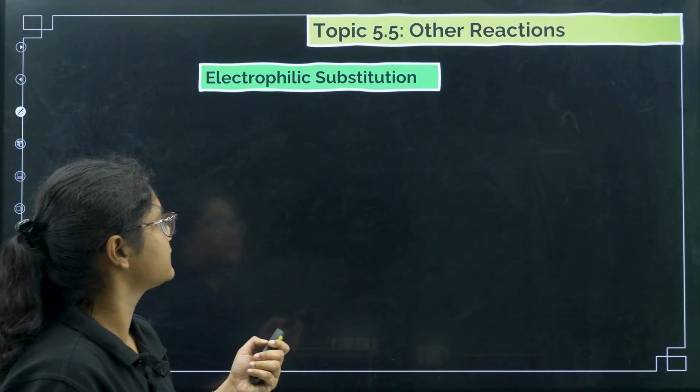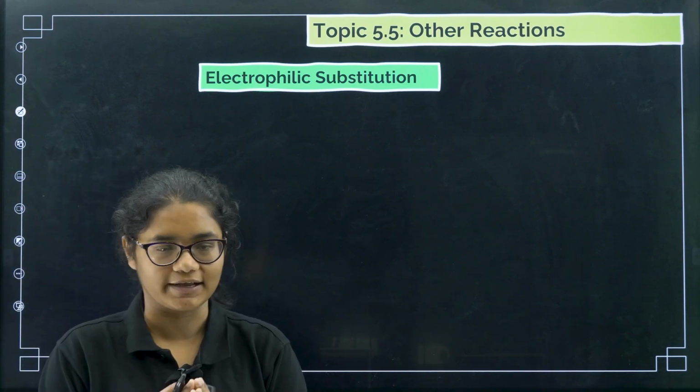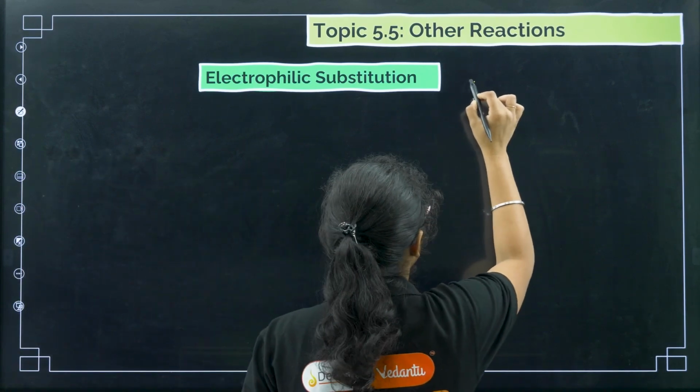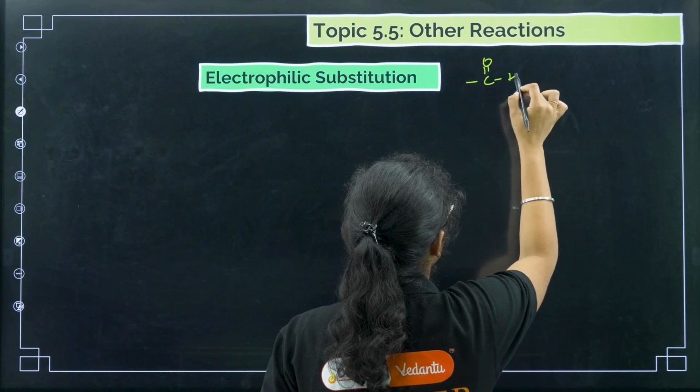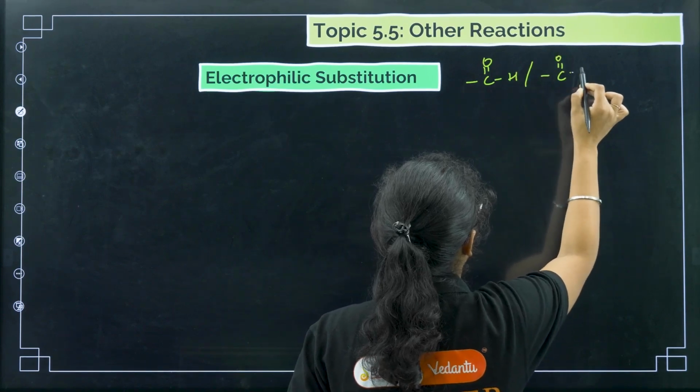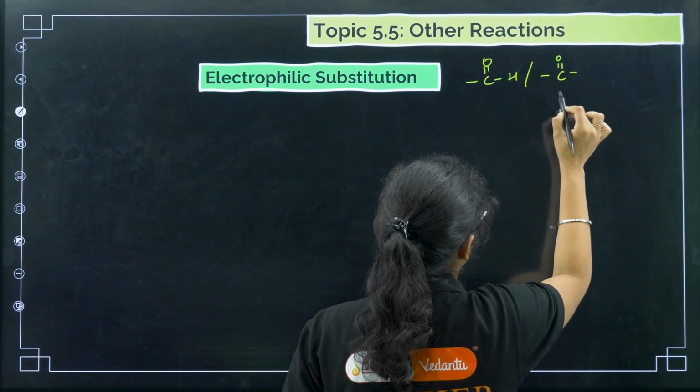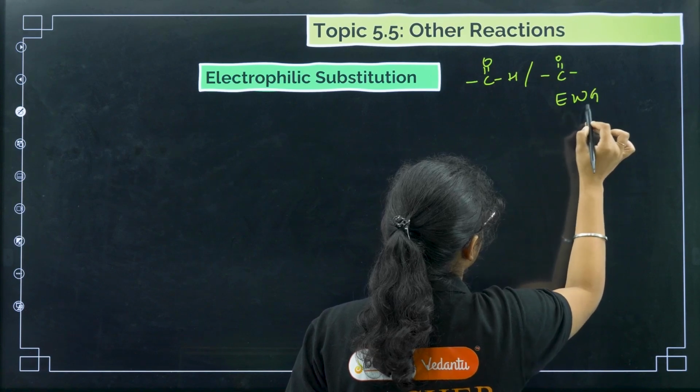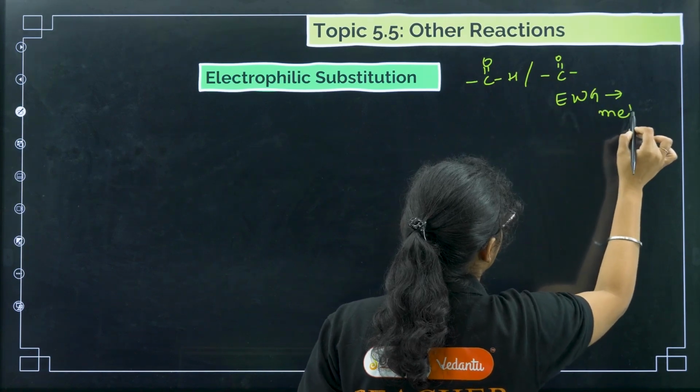So now the next one is electrophilic substitution reaction. Here you have to remember that either it is aldehyde groups or ketone groups. These are electron withdrawing groups, and electron withdrawing groups will be meta directing groups.